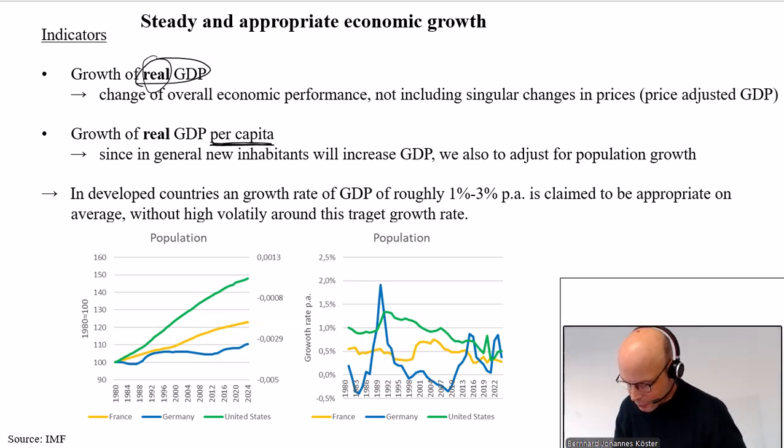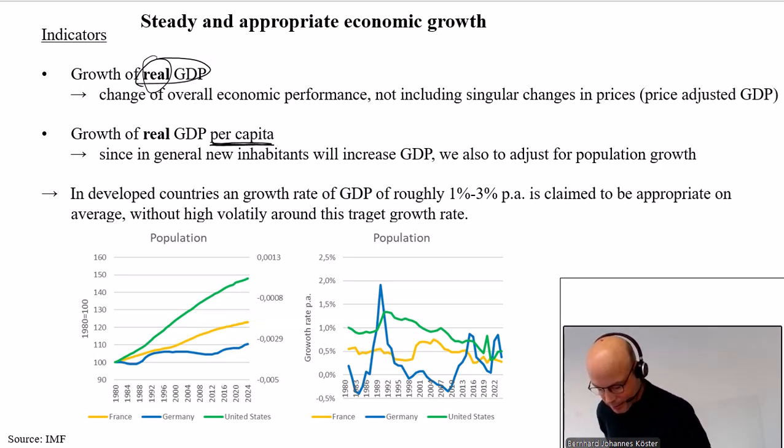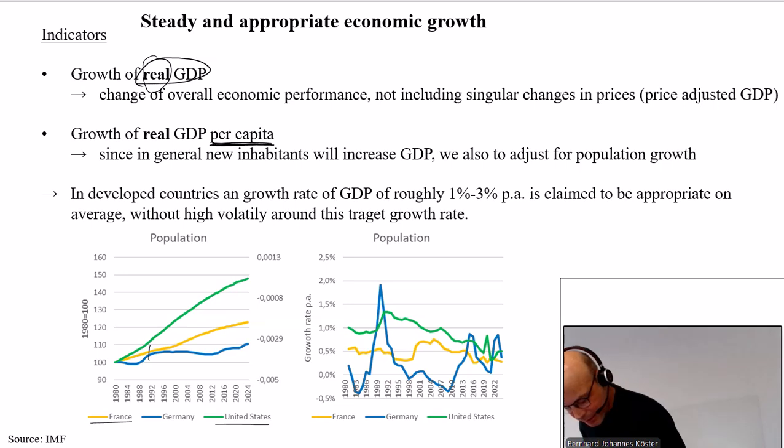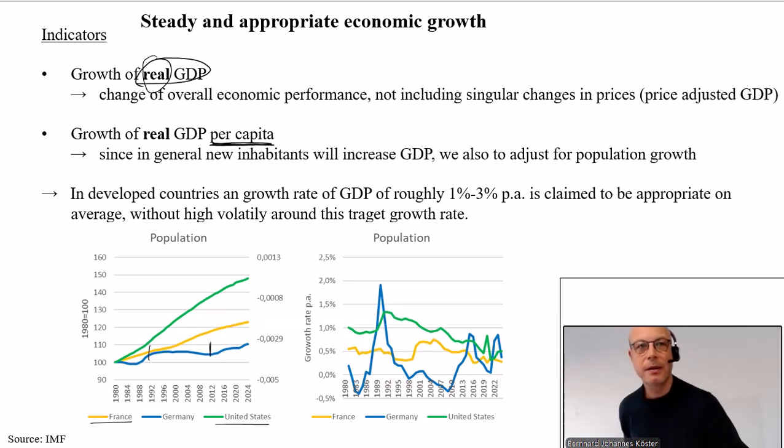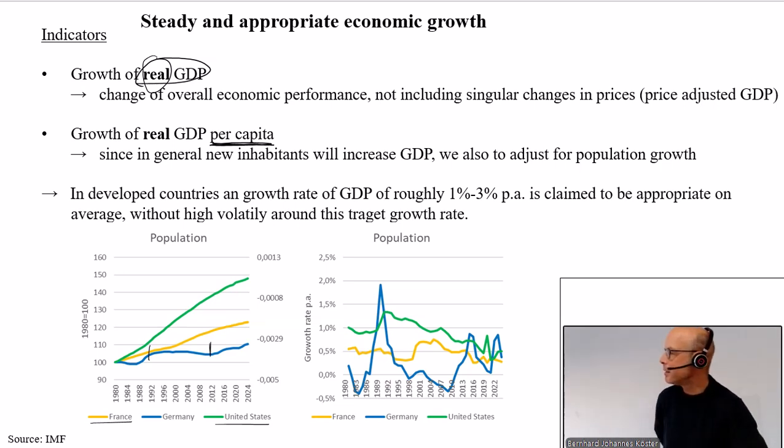Here for Germany, in comparison to the United States and France, you see that we had a long period, almost 20 years, where our population was almost constant.